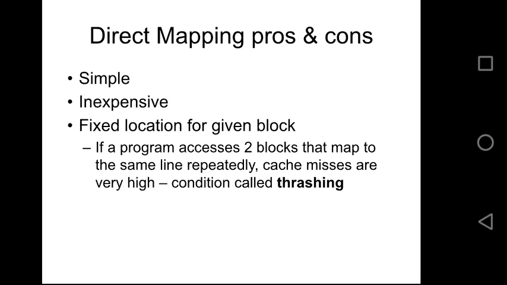Fixed location for a given block, this is the disadvantage, because if a program accesses two blocks that map to the same line repeatedly, cache misses are very high. This condition is called thrashing.